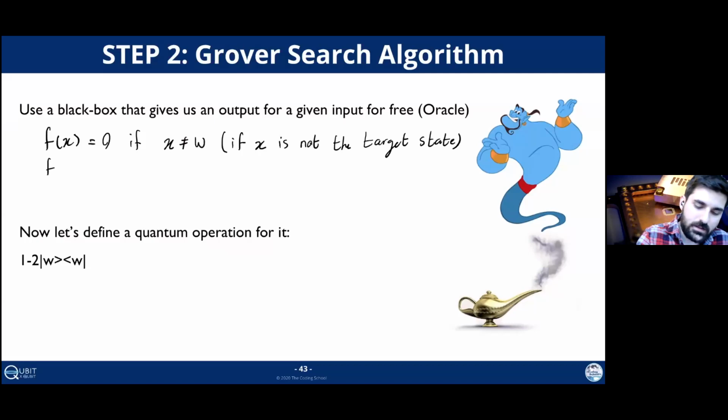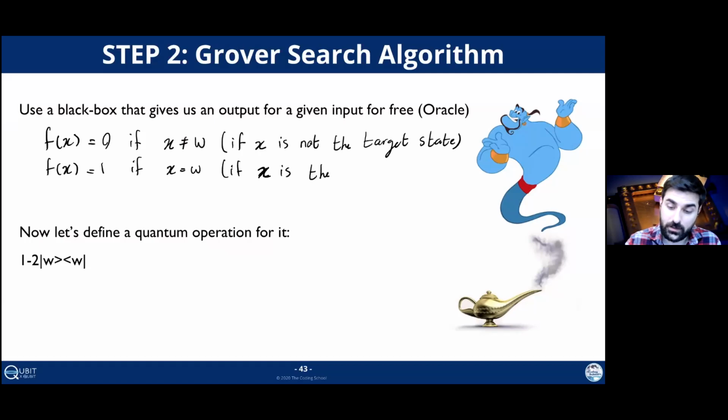And it'll give us a 1 if x is equal to w. Or again, in plain English, if x, the state that we inputted, is the target state.